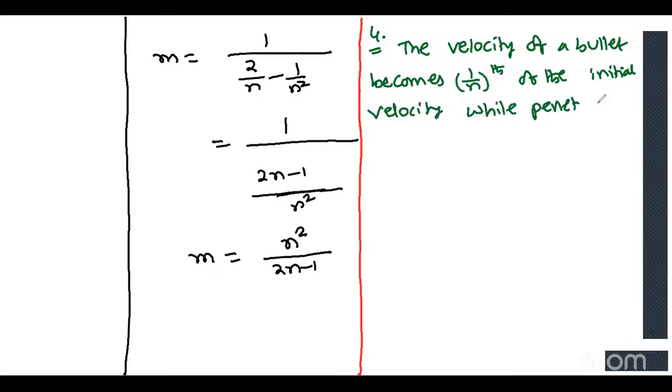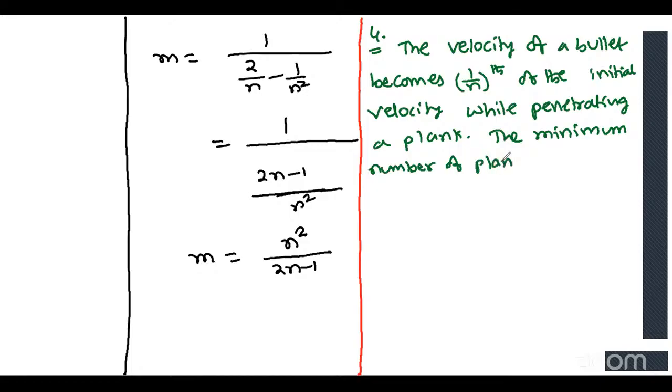While penetrating a plank, the minimum number of planks required to stop the bullet is. Okay, fine now.